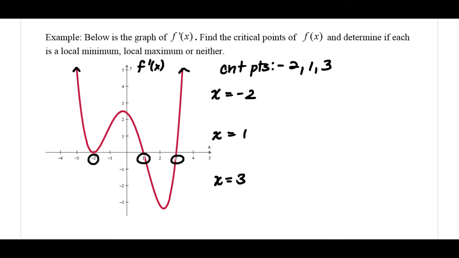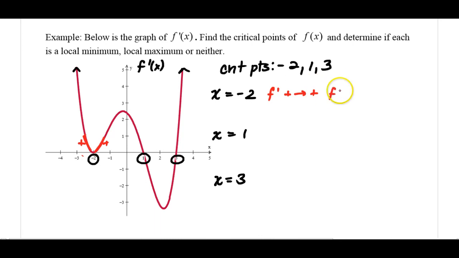So -2 is where something slightly different than any of the other examples happens, is that as I move from left to right, as I start from the left side of -2, I have a positive derivative. I have a derivative that's above the x-axis, and then I have a derivative that's above the x-axis over here. So my derivative stays positive. So f prime goes from positive to positive, so there is no sign change.